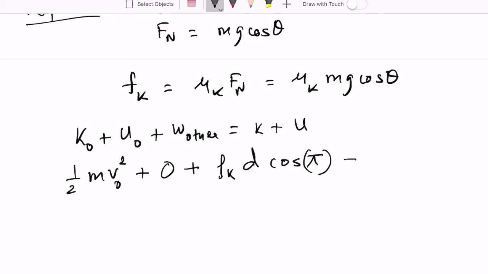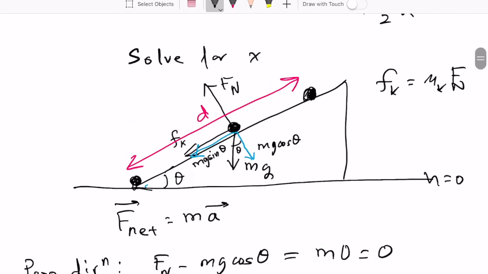The right side of this equation: what is the kinetic energy when it gets to the top? The answer is 0 because it stopped over there. And what is the potential energy when it gets to the top? That would be mg times this height h.